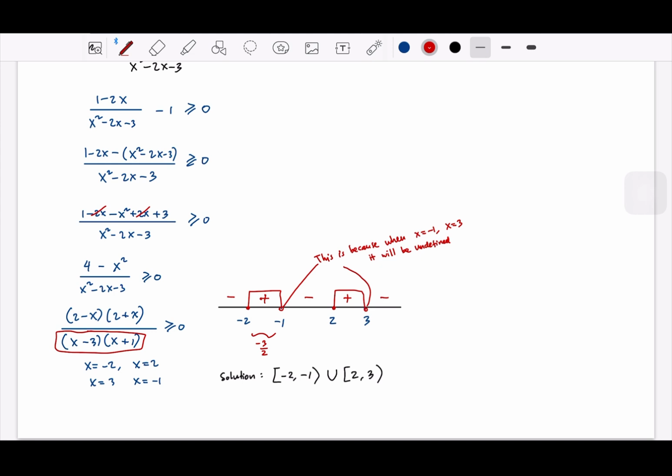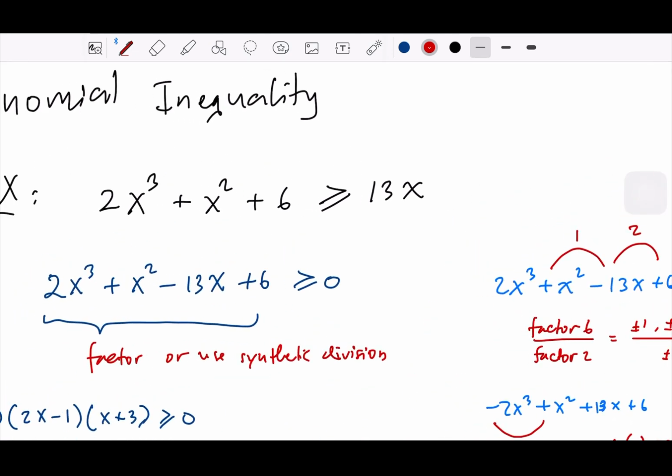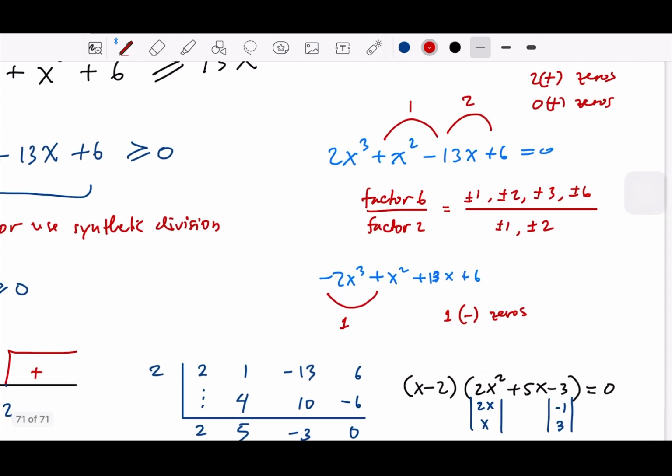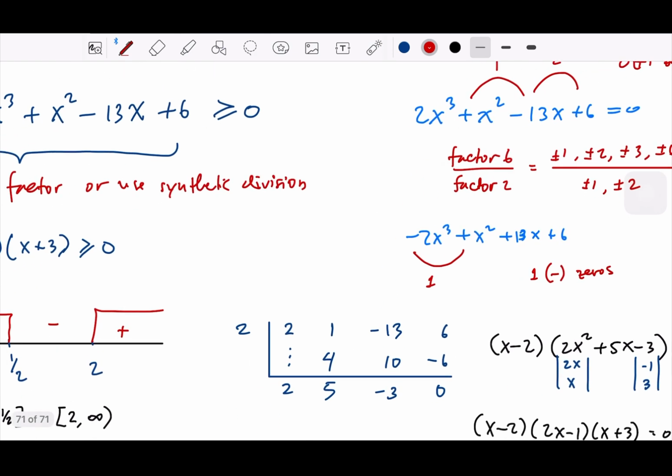So the first thing is just a normal inequality like this one. We just take some time to check, and then perhaps we use synthetic division or techniques from the previous sections.